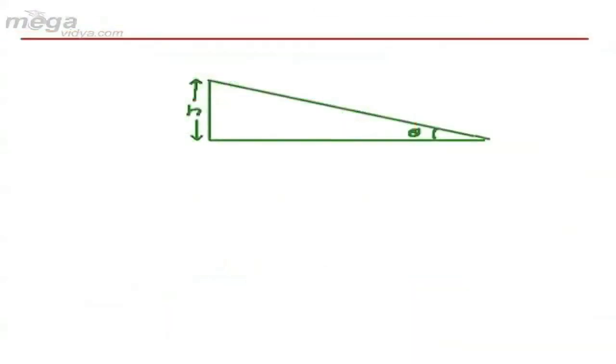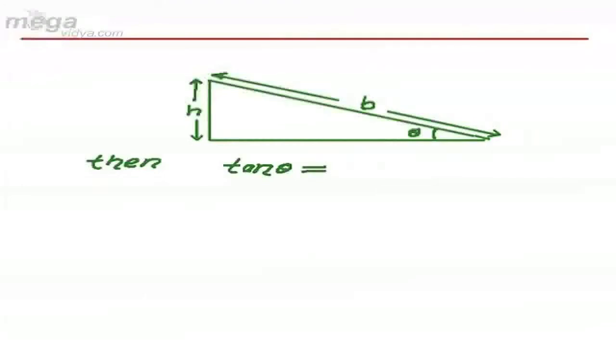If the outer edge of the road is lifted by height h and the width of the road measured along the road is b, then tan theta is equal to h upon the square root of b square minus h square.